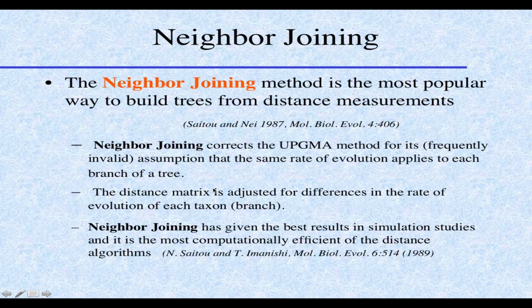Neighbor joining corrects UPGMA's assumption that the same rate of evolution applies to every branch of a tree. So if you have a big tree and there are subfamilies, the sequences could evolve at different rates in those different branches. And it makes a correction for that. So the distance matrix is adjusted for different rates of evolution in each taxa.